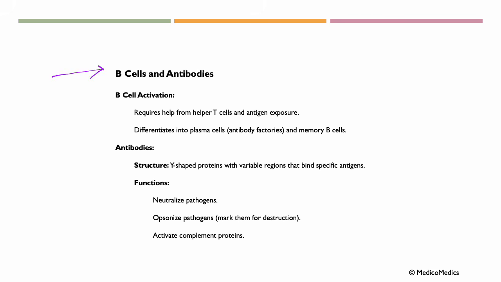Now, we also have B cells. When B cells are activated by the help of helper T cells and exposure to antigen, they will differentiate into plasma cells. These plasma cells are also so-called antibody factories and into memory B cells.